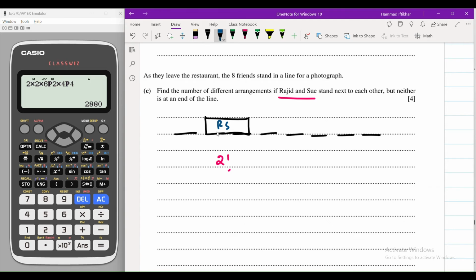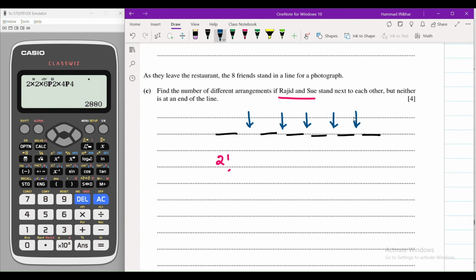Now these two over here, since they can't be at the end, how many are there left? 6. So 1 2 3 4 5 6. All right, so if they can't stand at the end, this means that they can be over here, here, here, here, and here.